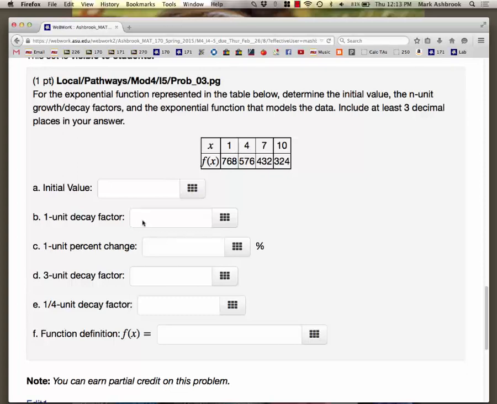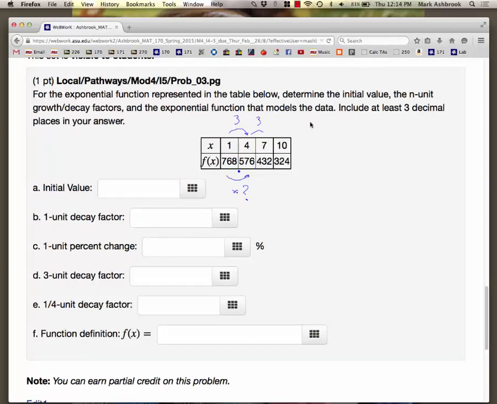Let's do B first. What decay factor is the easiest one to find first here? Notice that input is increasing by 3. So the first decay factor that we can get most easily is the 3 unit growth factor. What do we multiply the output at 1 by to get the output at 4? That will be the 3 unit growth factor.